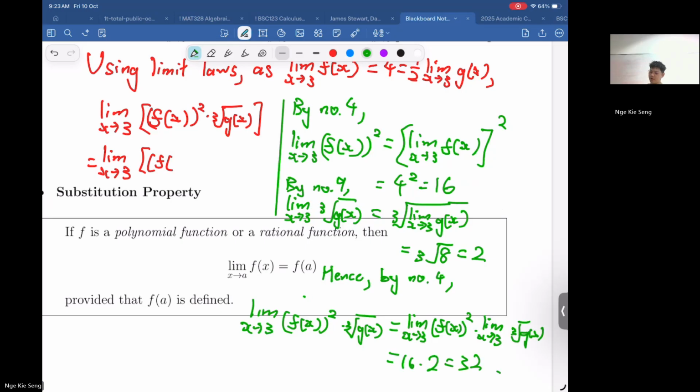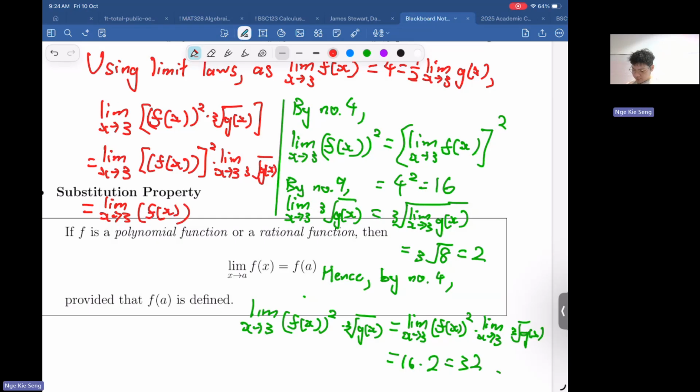But oh, you were in the high school way, right? Maybe we just split like that. So let me write out another version of the steps. Let's see which one you prefer. Then we can bring the limit in.